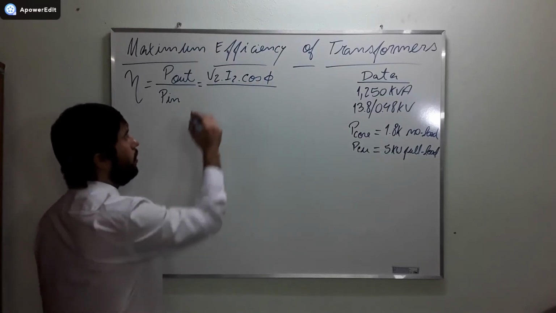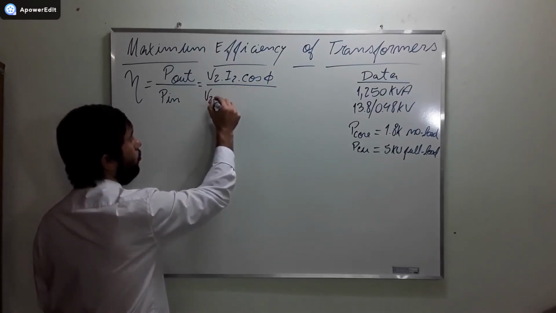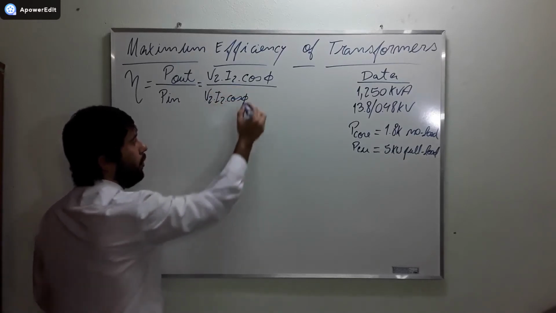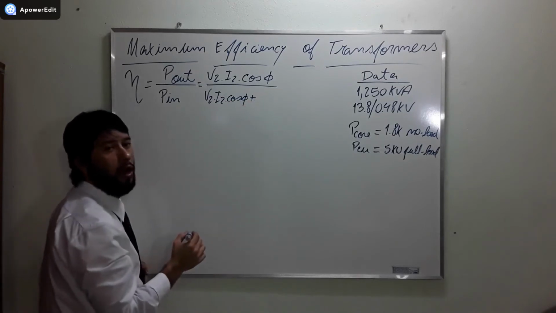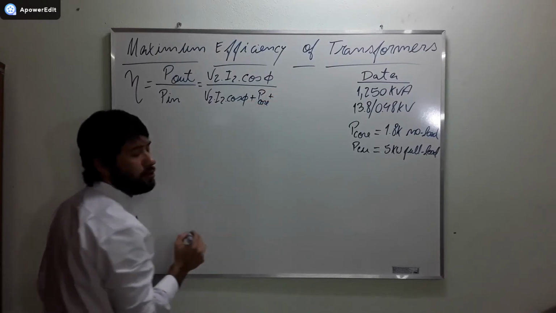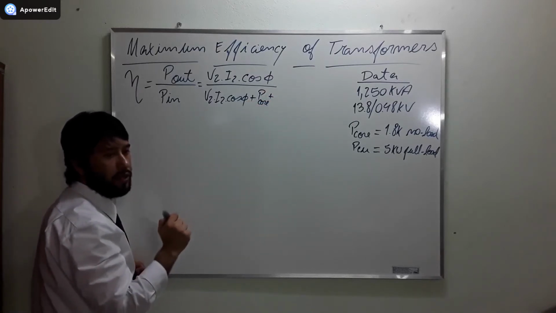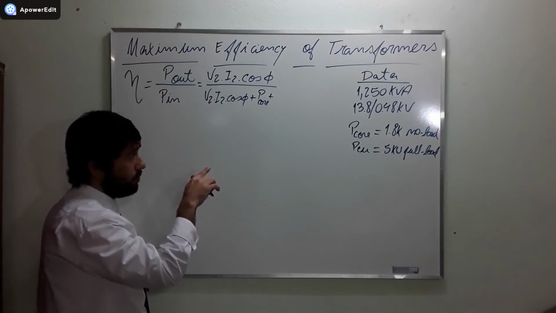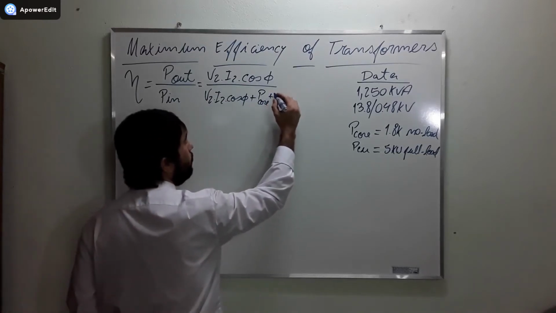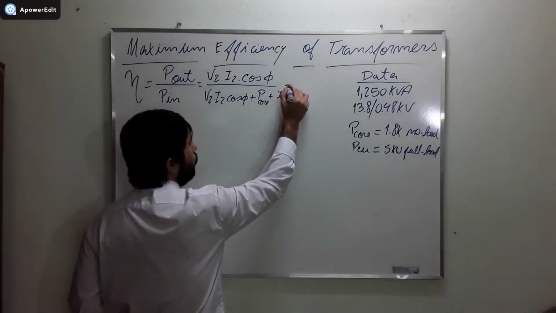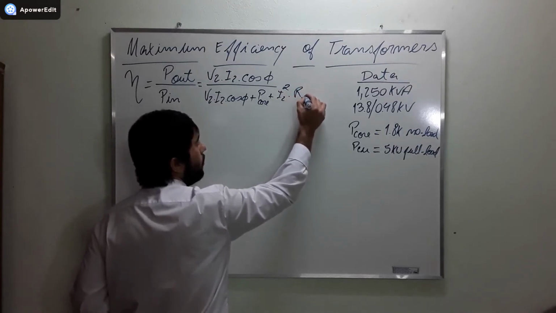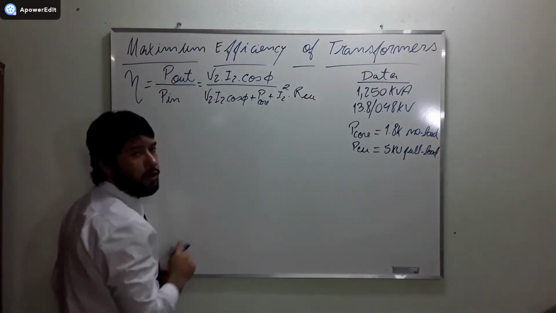And the input power is V2 I2 times the cosine of the angle plus the core losses plus the copper losses. But the copper losses depend on the output current, so it's going to be I2 squared times the resistance of the copper wires.